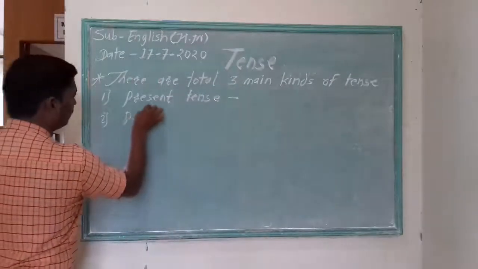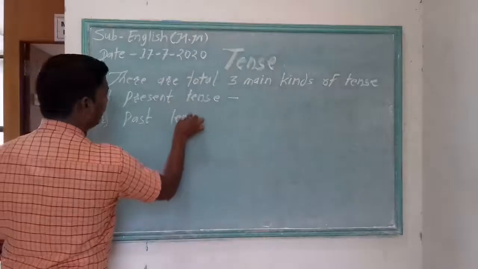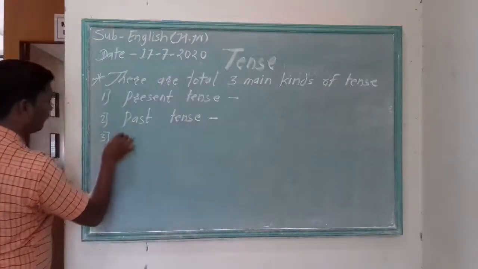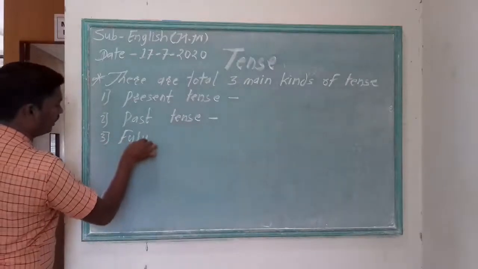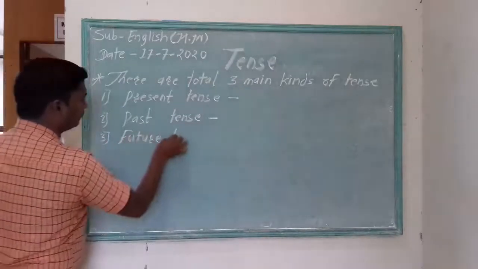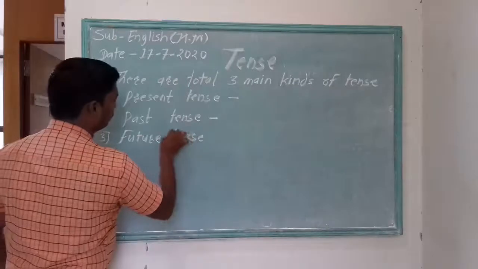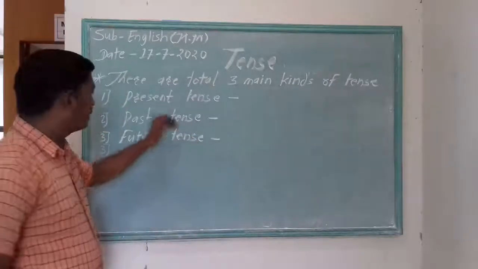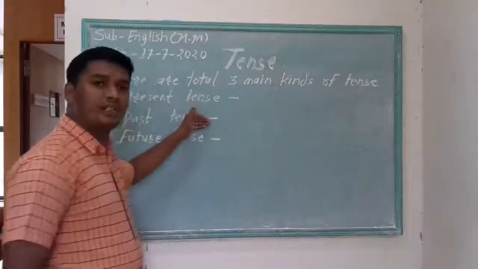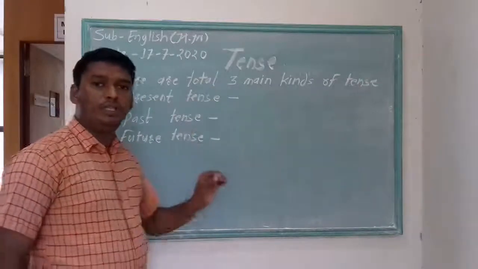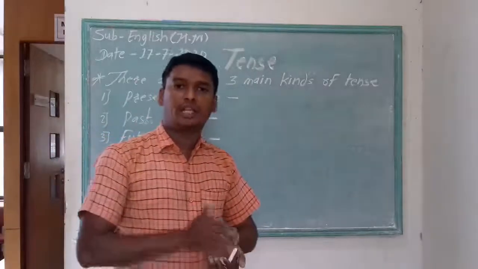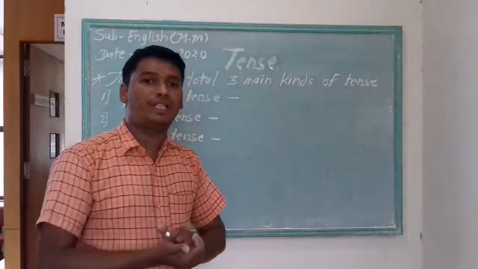Second one is past tense, and third one is future tense. These are the main 3 kinds of tense: present tense, past tense and future tense. Now each tense has again 4 subkinds. There are 4 subkinds of each tense.